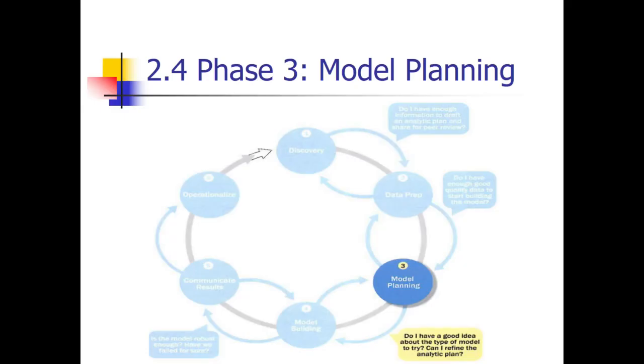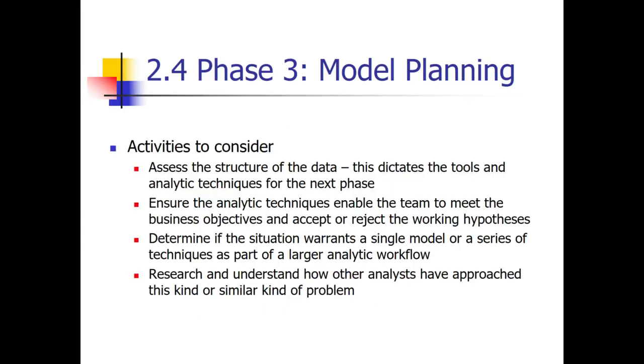Now here we move on to the last session for my particular CO1, that is model planning. Already told you how the models are going to be planned. See here, these are the activities to consider to plan a model. First of all, we have to assess the structure of the data. This dictates the tools and analytics techniques for the next phase. Next, we have to identify whether the analytic techniques enable the team to meet the business objectives.